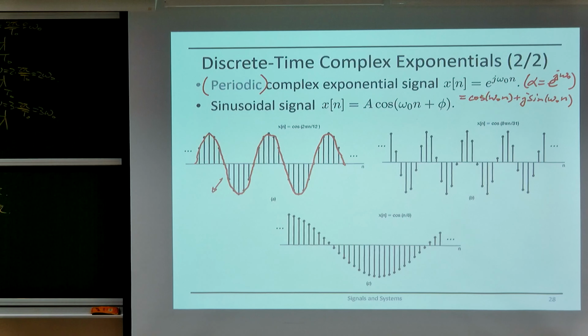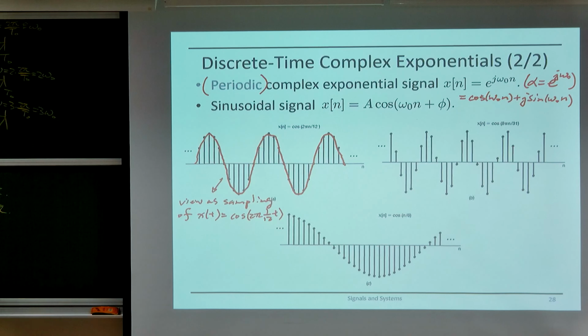We can view this as the sampling of a continuous time sinusoid x(t) equal to cosine 2 pi 1 over 12 t.